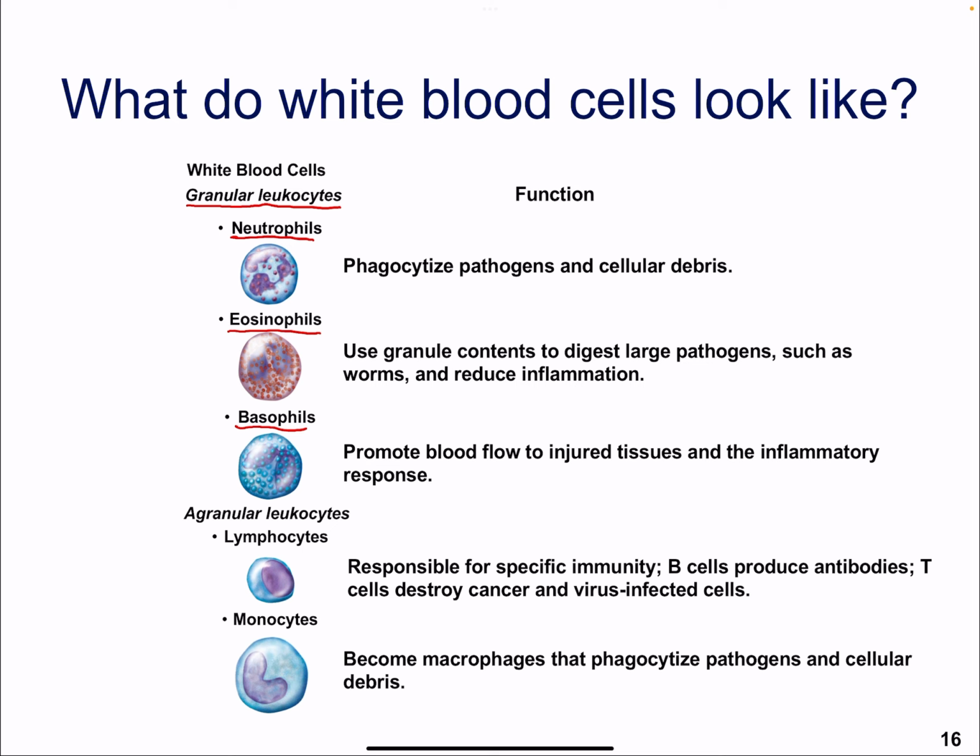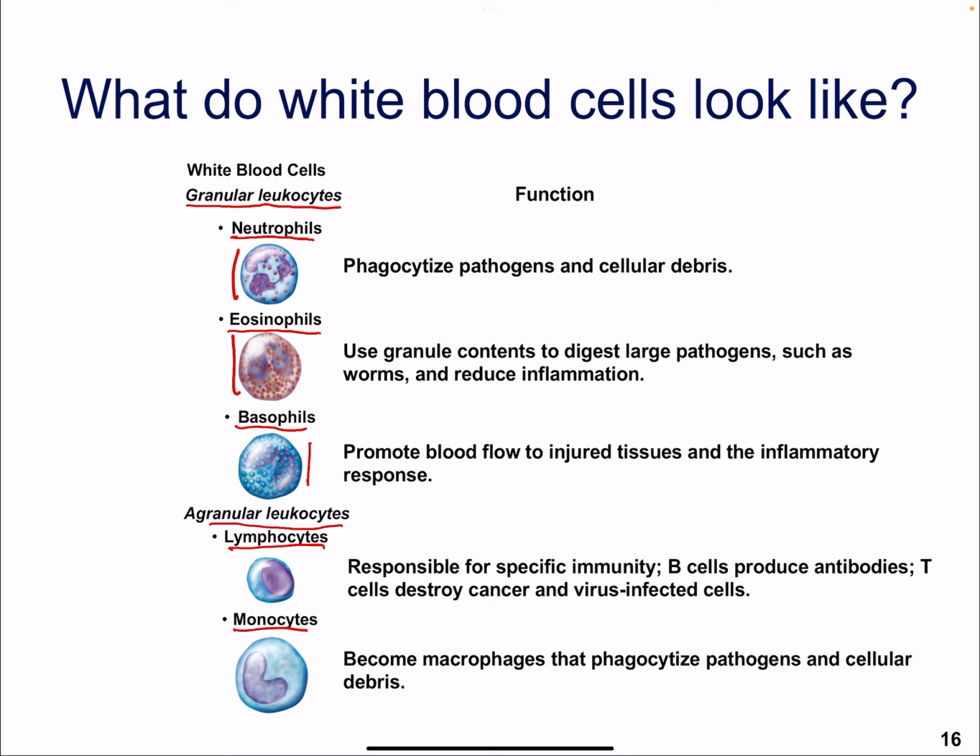So these granules right here you can see when you are using a red dye, while this granule here, you can see when you are using a blue dye, right? The agranular leukocytes include the lymphocytes and the monocytes.